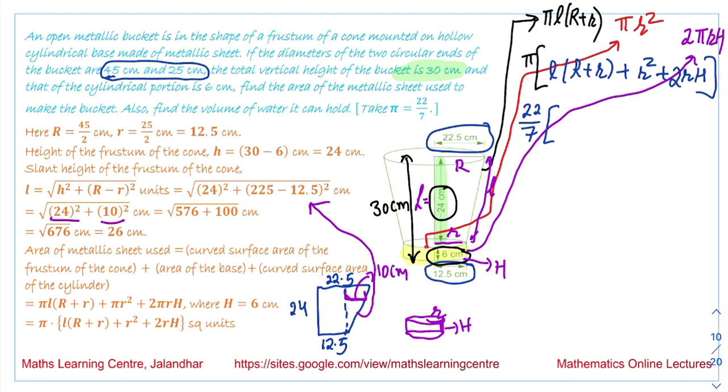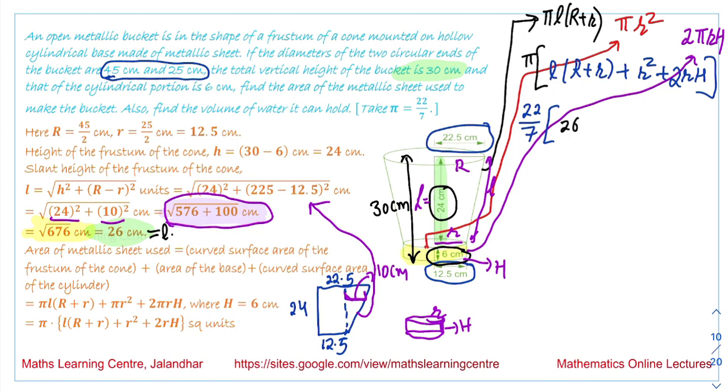Solving this, we get the square root of 576 plus 100, which is the square root of 676 centimeter, and the answer is 26 centimeter. So the value of L is 26 centimeter.